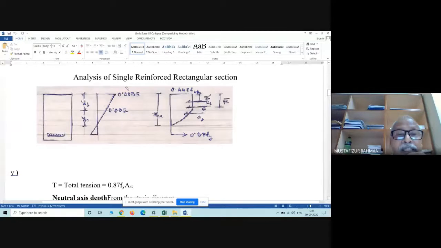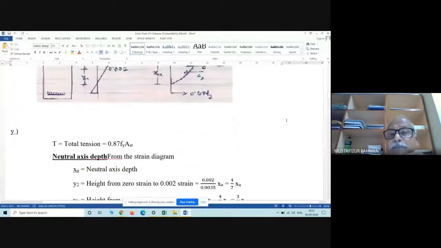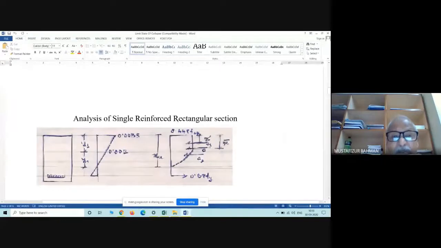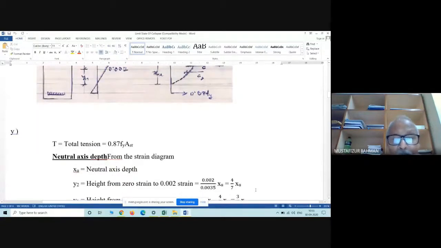So using this figure, see here, when XU is the neutral axis depth, then Y2 is the height from 0 strain to 0.002 strain. So this is Y2.